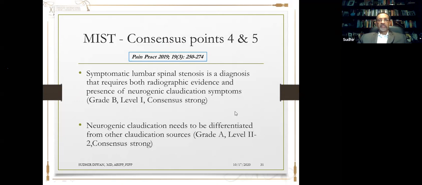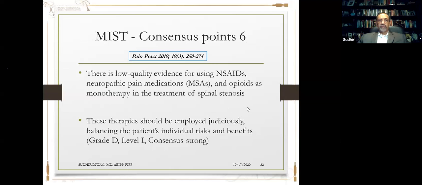Neurogenic claudication needs to be differentiated from claudication of other sources that we discussed. There is low quality evidence for NSAIDs or any other neuropathic medication and opioids for monotherapy in the treatment of stenosis. Now you can understand these are all elderly patients. They may be on different medications.